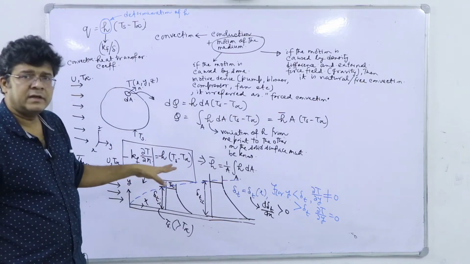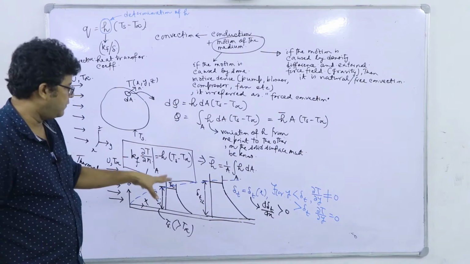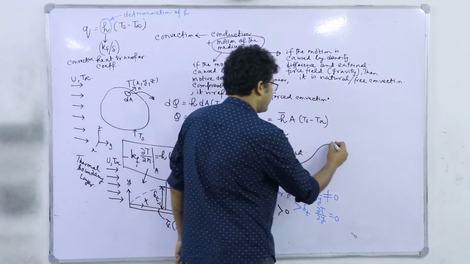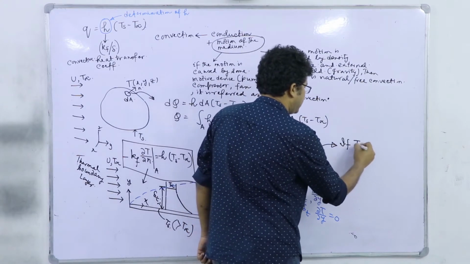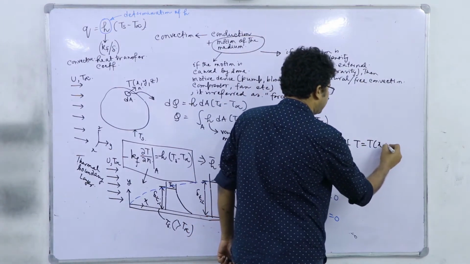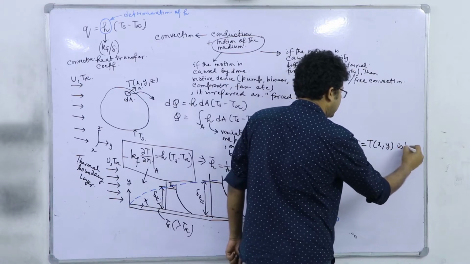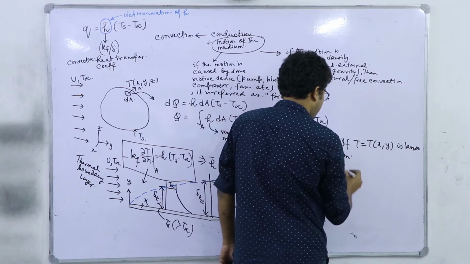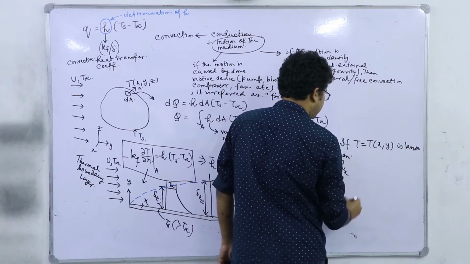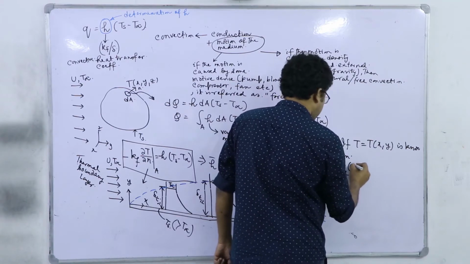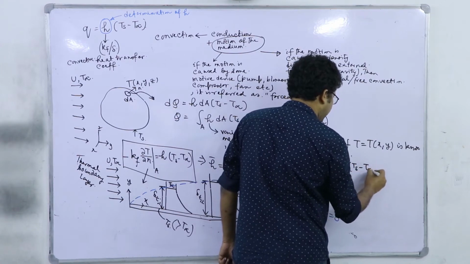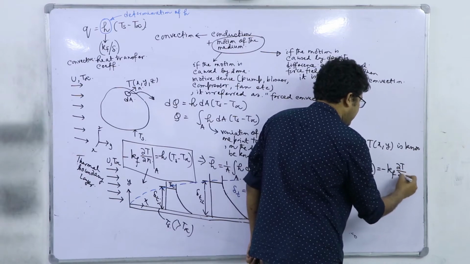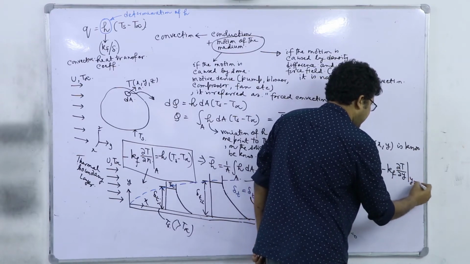So you see that if I can solve for the temperature profile, if T as a function of x and y under steady state is known, then we can write h, now a function of x, times Ts minus T infinity, equal to minus kf del T del y at y equal to 0.